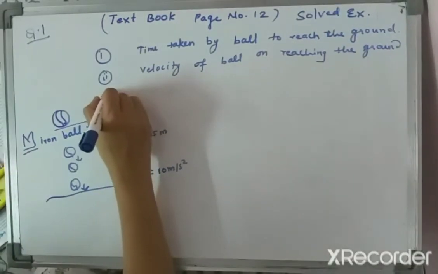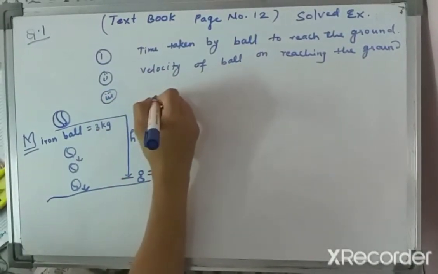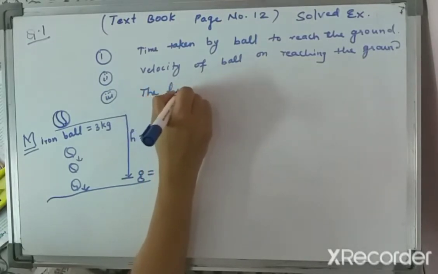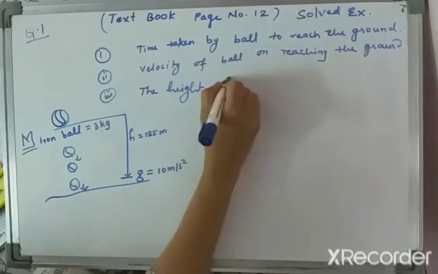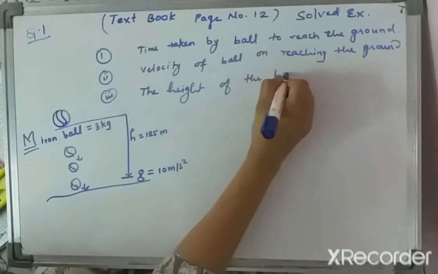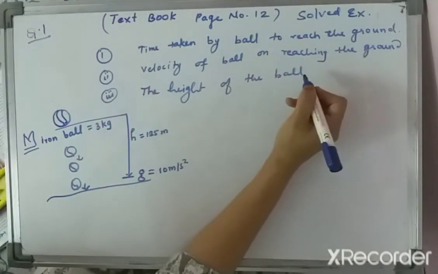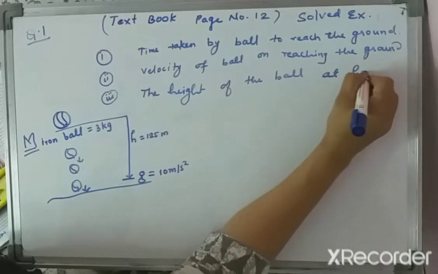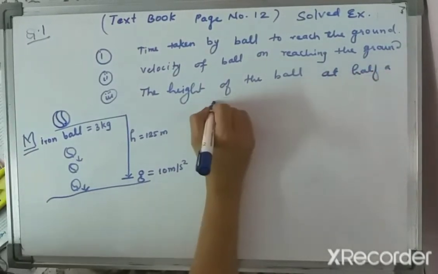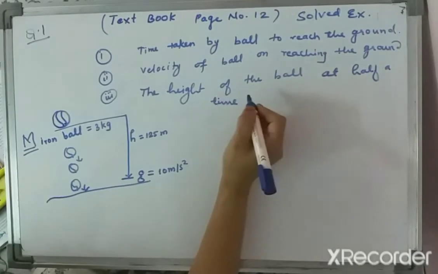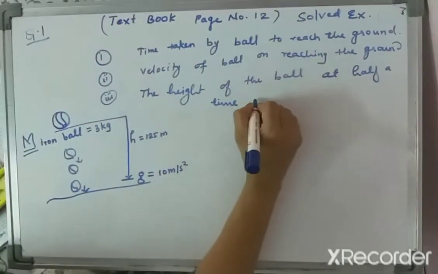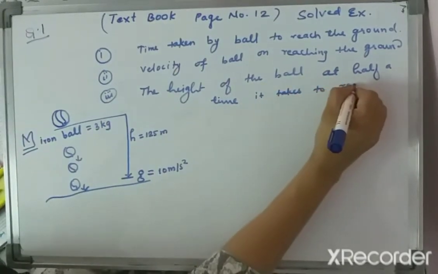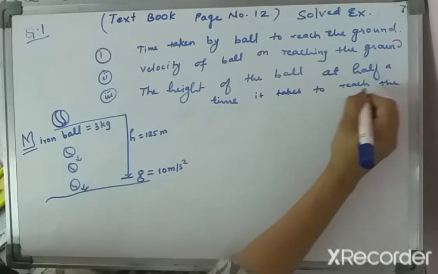And the third thing asked is the height of the ball at half the time it takes to reach the ground.